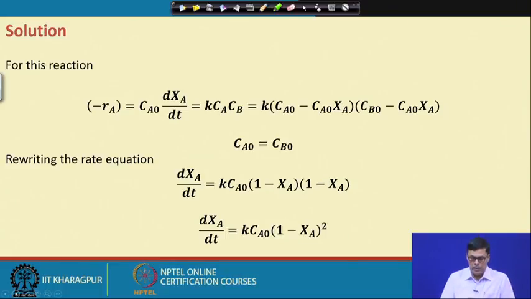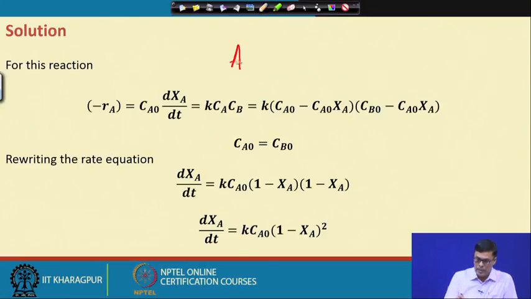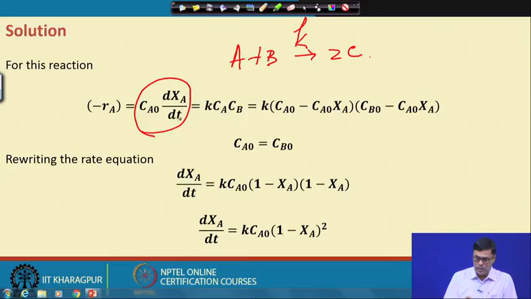Now, this is the correlation we have: A plus B gives 2C. This is the reaction we have, and it can be presented like this, where K is the rate constant. What we can write is the rate of substrate degradation, A or B, is equal to K into Ca and Cb, and Ca is equal to Ca0 minus Ca0 into Xa.